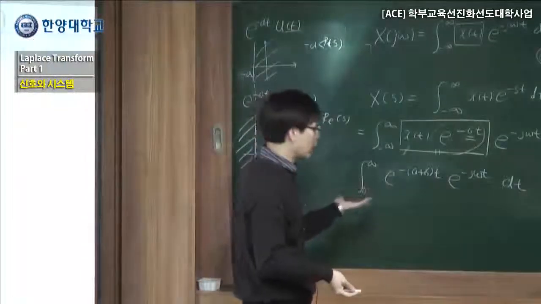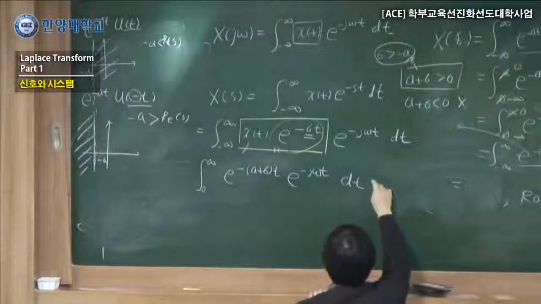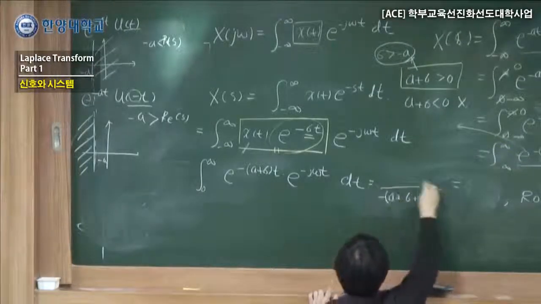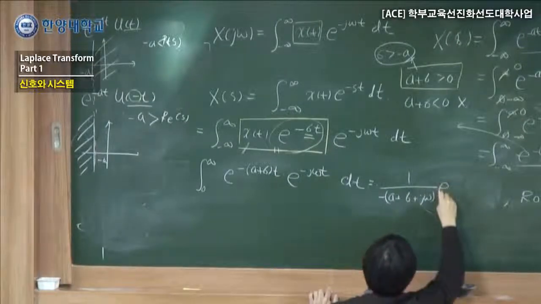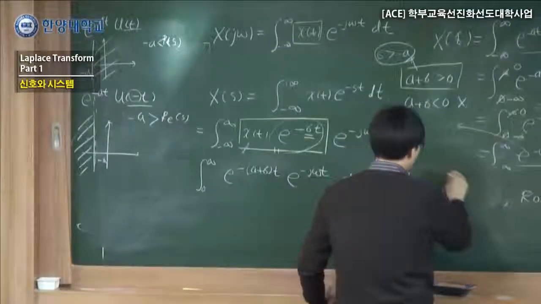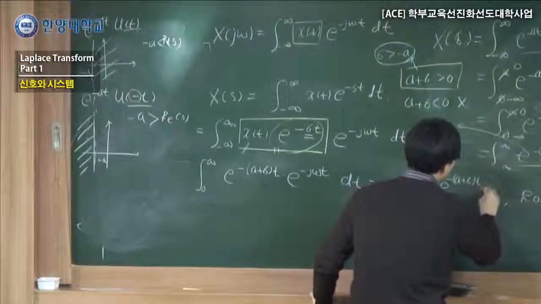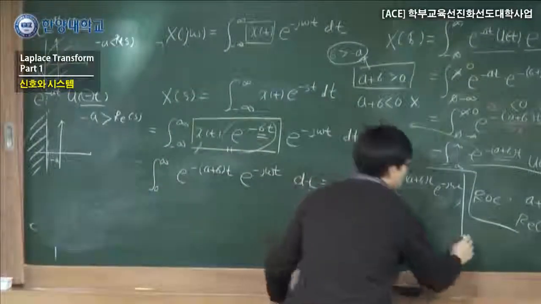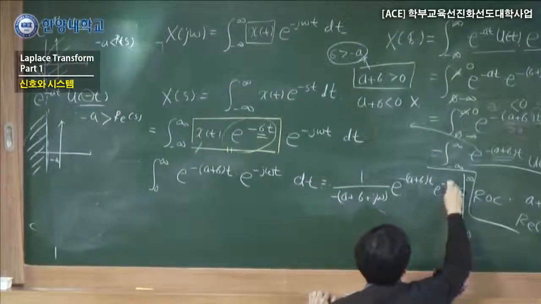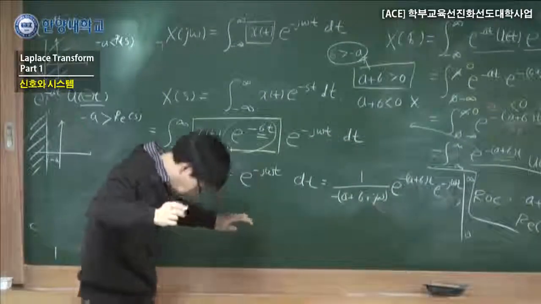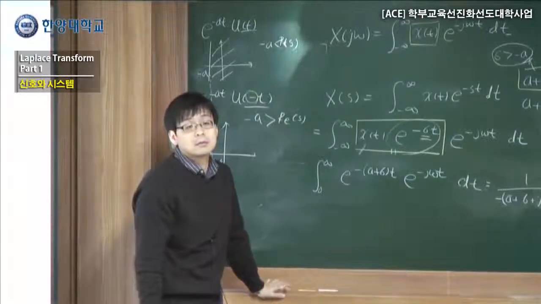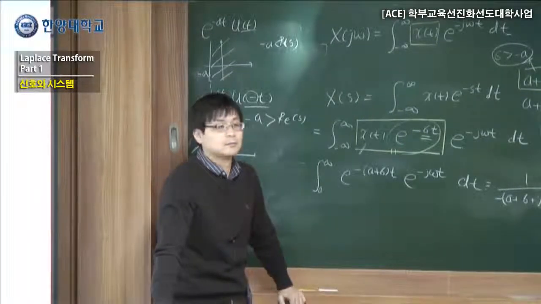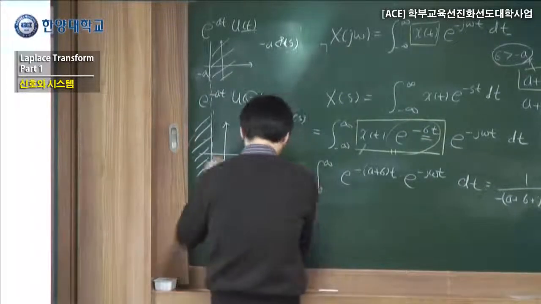If you do the integration of this, there will be 1 over minus a plus delta plus j omega, times exponential of minus a plus delta t times e to the minus j omega t, from 0 to infinity. It's an integration of exponential, is it right? Then you can see it.